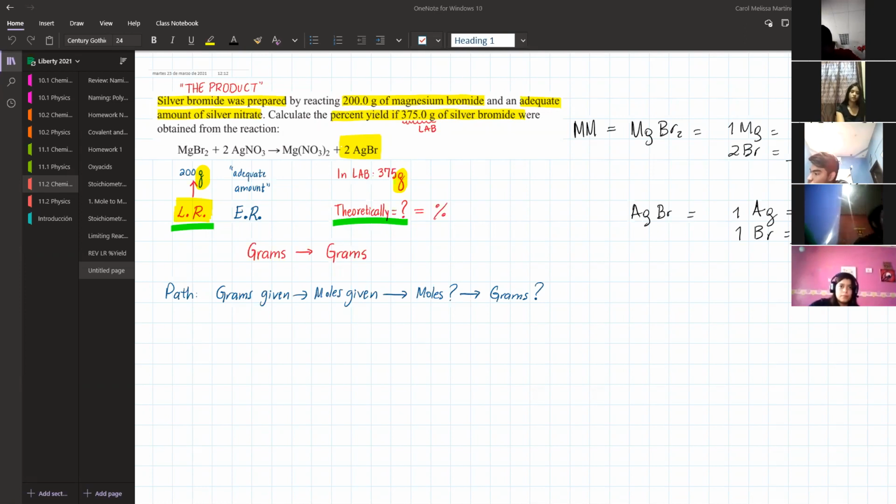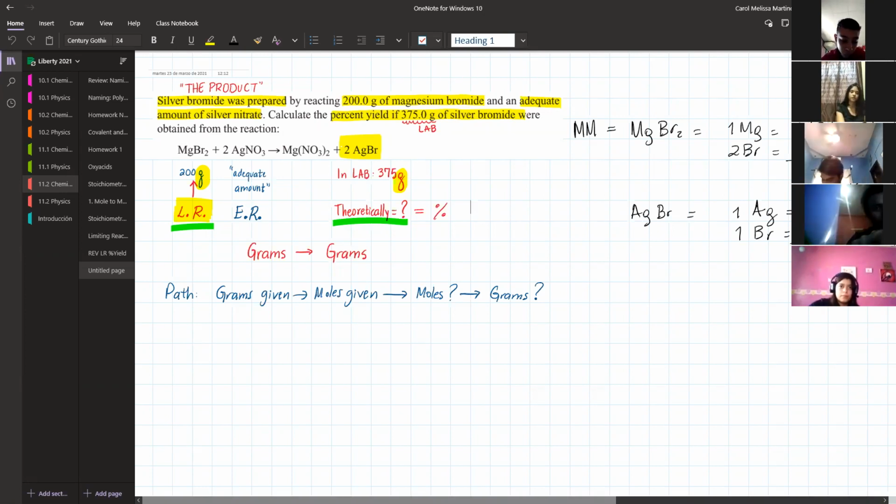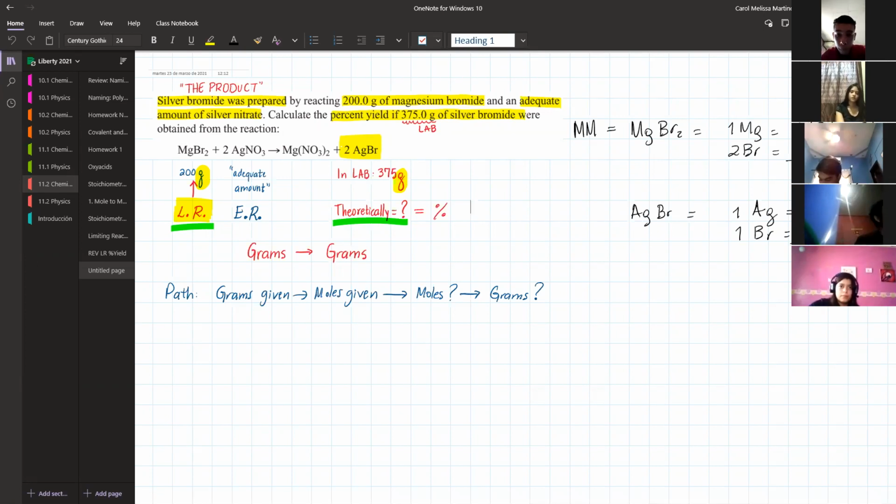How much is this? The second one, I got 187.77. Check the process that you did, okay?